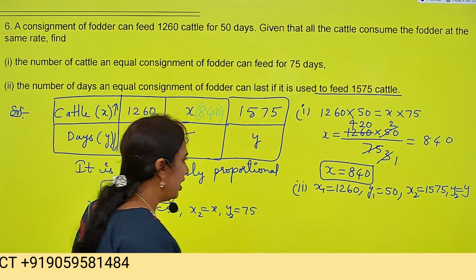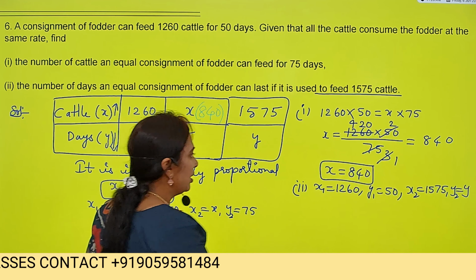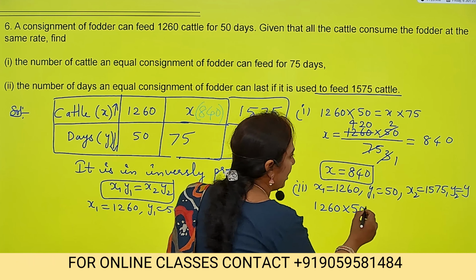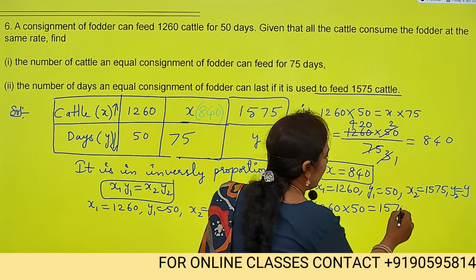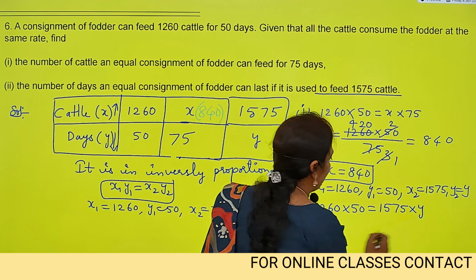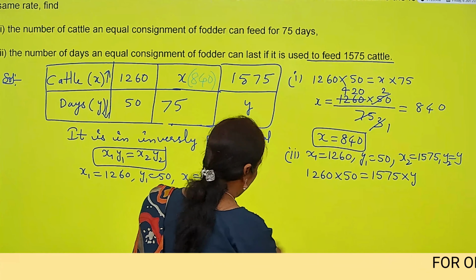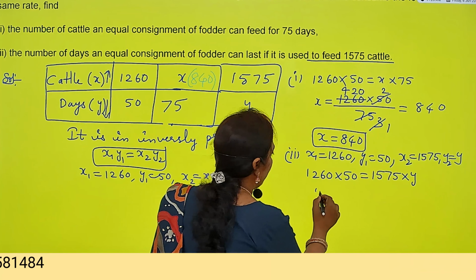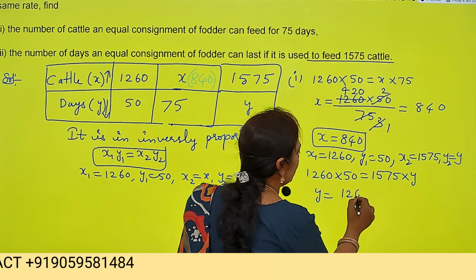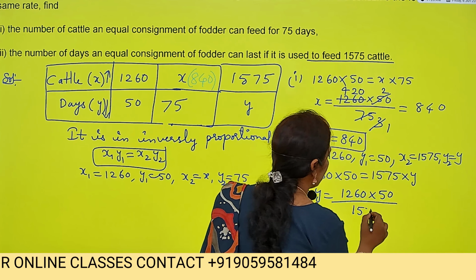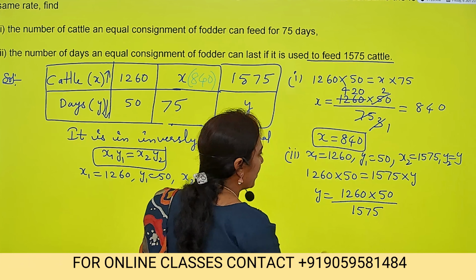Write the same inverse proportion relation: 1260 into 50 equals 1575 into y. So y equals 1260 into 50 over 1575.